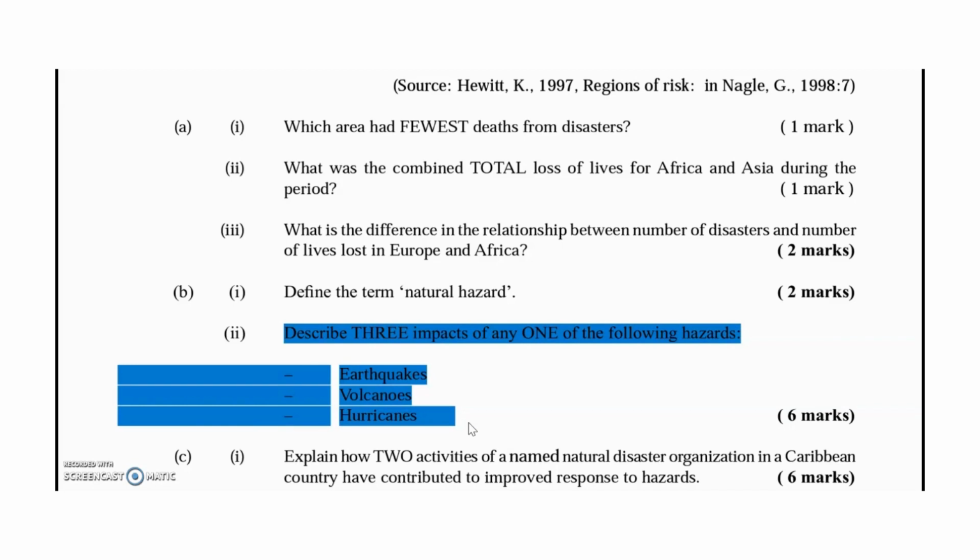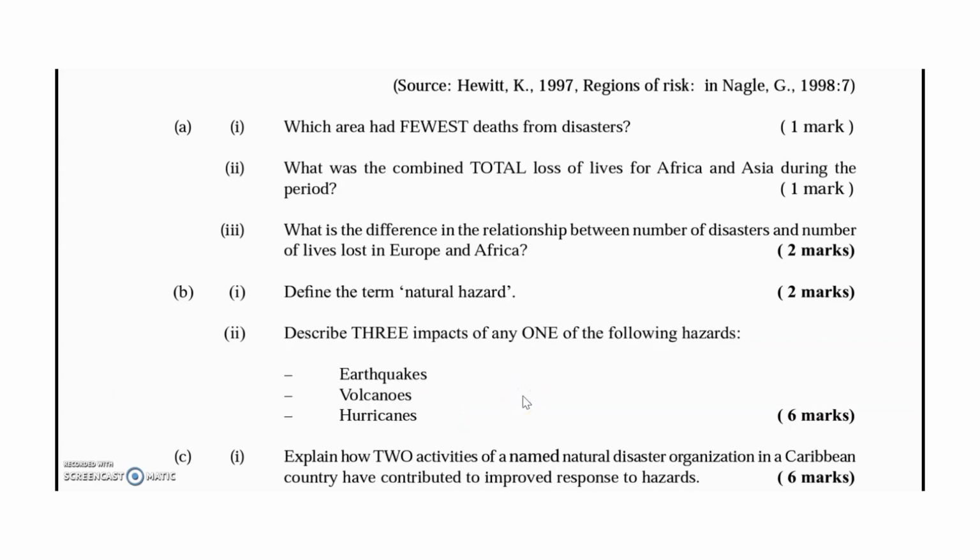So with respect to earthquakes, what are three major impacts associated with earthquakes? First and foremost, earthquakes can contribute to vibrations of the surface of the land, which can contribute to, number one, landslides. Because of unsupported slopes, especially steep, unsupported, deforested slopes, landslides can in fact be incurred in those particular areas.